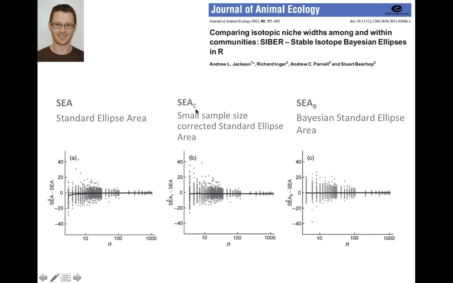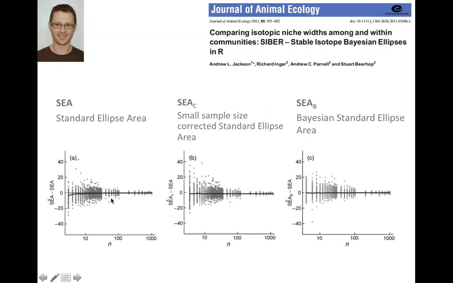They also created the SEAc, which is a small-sample-size corrected standard ellipse, and because they're Bayesian guys, they created a Bayesian standard ellipse area. In this series of plots, we have the number of runs and the estimated ellipse area minus the actual ellipse area. Oh, sorry, this is the number of points in your sample.